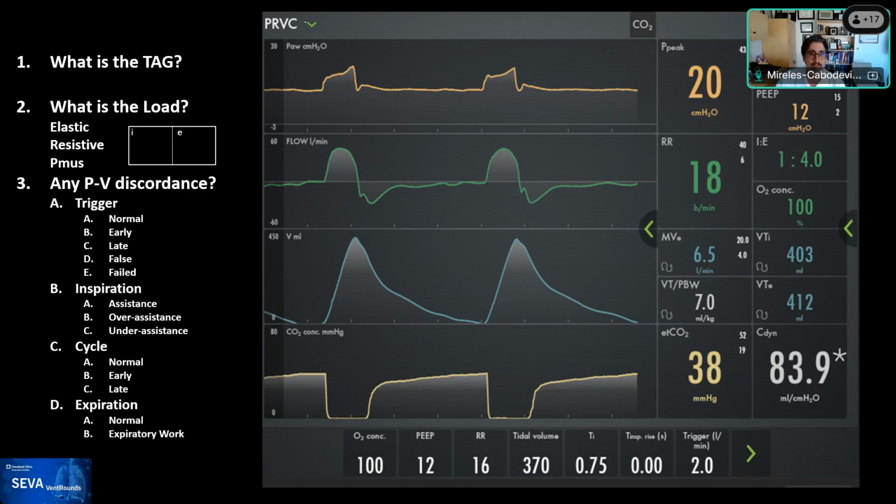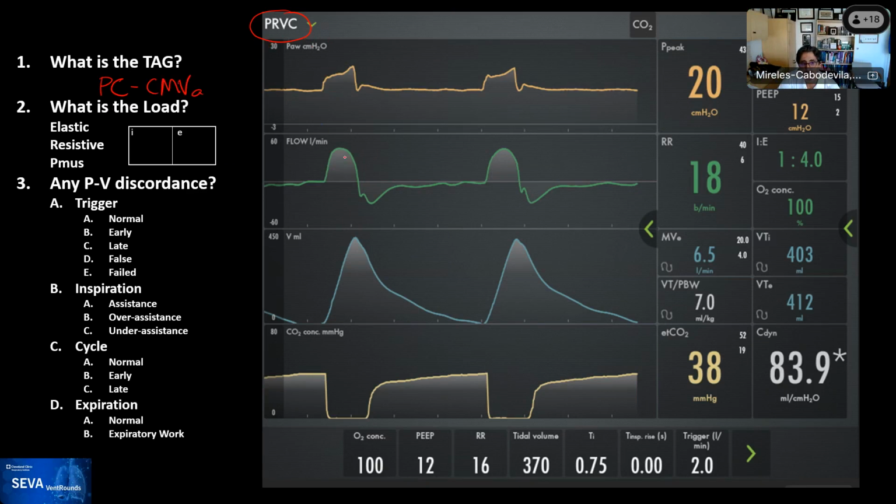So we give you here the mode for this ventilator. This is a Servo-U, and it's PRVC, recognizing that PRVC may not be the same mode in other ventilators. So even though they have the same name, they may have different tags. But what this is saying is that this is PC-CMV-A. And what that means is that we're controlling pressure during inspiration.